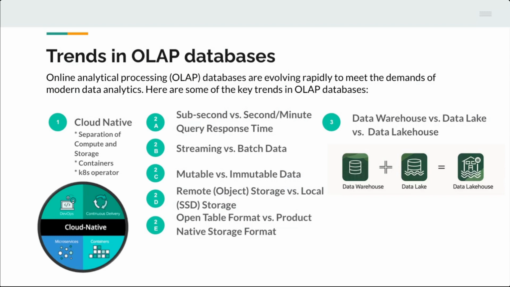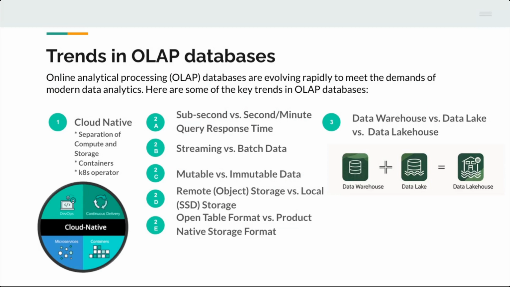OLAP systems, which I'll talk about in more detail, are much slower than that. Some of the ones out there are actually in the large second ranges, and depending on how much data you have, it even takes minutes for them to do an entire batch. So we are not an OLTP. We are an OLAP database.